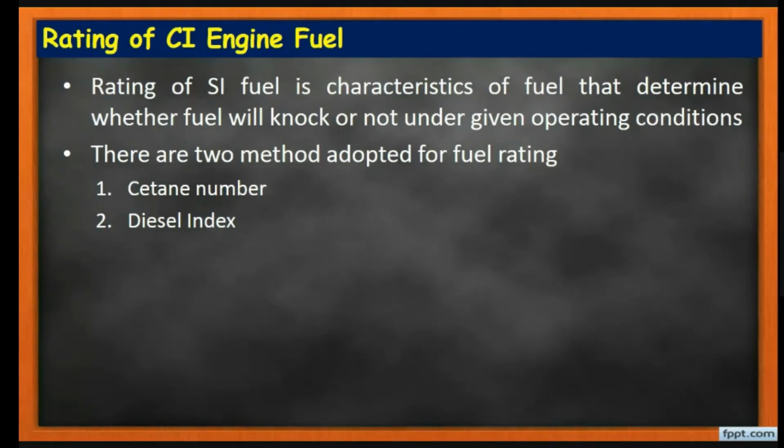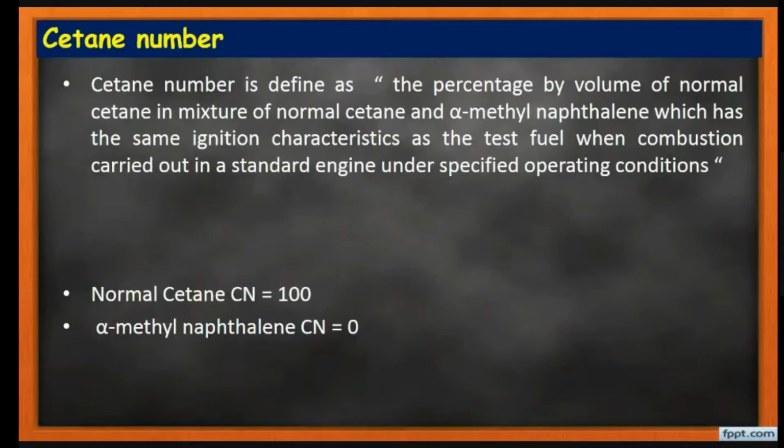So the parameter which rates the abnormal combustion under the given standard operating conditions is called a rating. And here, to rate the diesel fuel, we have identified two different methods or parameters: the Cetane number, and second, the diesel index. Among these two methods to rate diesel fuels, the very famous one is the Cetane number.